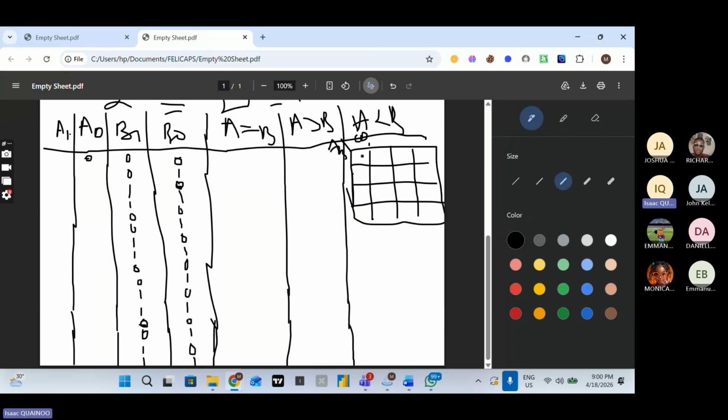Here is going to be your M0, which is minterm 0. Here is going to be your M1. Here is going to be 3, and here is going to be 2. We all understand that these 2 boxes have been swapped.